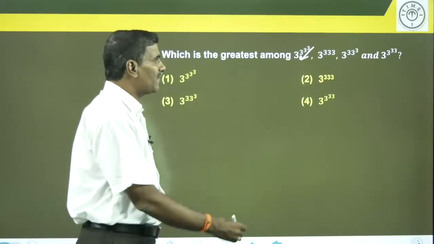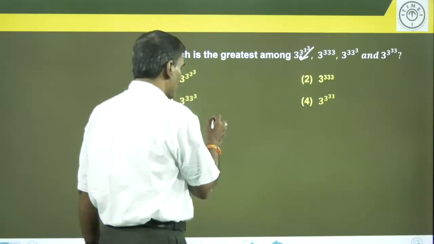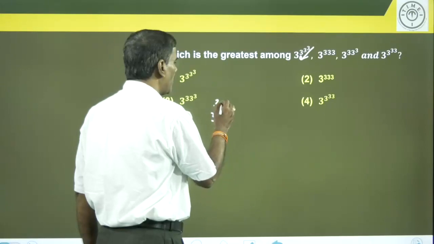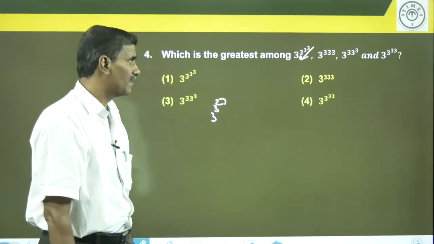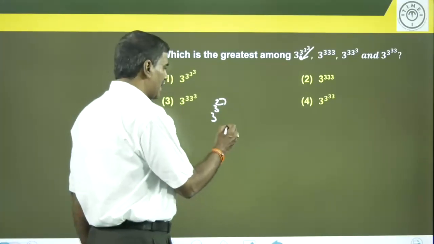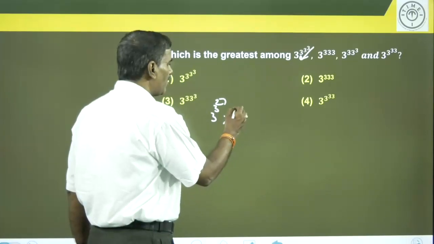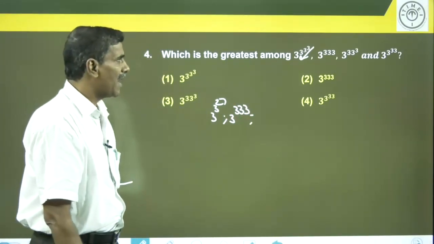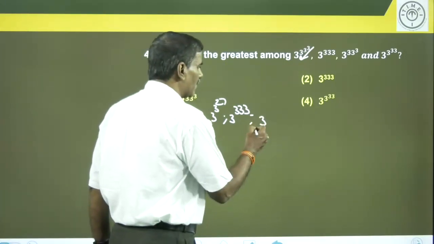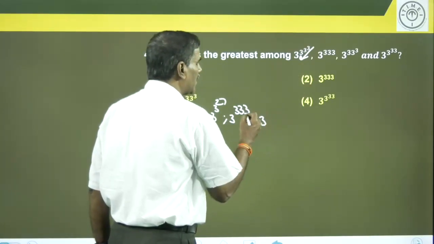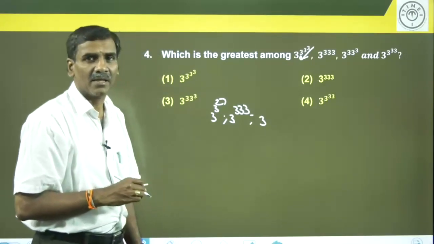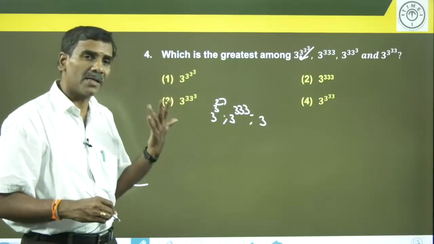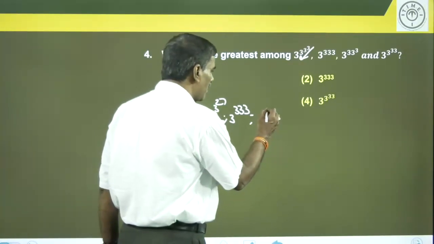So 3 to the power of 3 is 27. We can write that one as 3 to the power of 3 power 27. In the second case, we have 3 to the power of 333. If you observe, all the bases are already equal. 33 cube: 33 square itself is 1089, so 33 cube will be 1089 into 33, which will be a very big number.